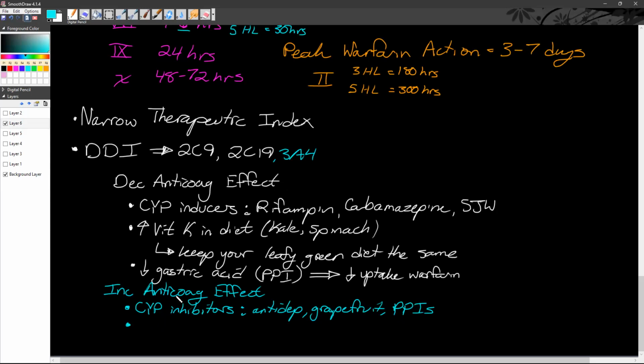The other one that's going to increase the anticoagulant effect is acetaminophen. What acetaminophen does is it interrupts the vitamin K cycle. And so it's like you are having an additional baby warfarin working on the same site of action that warfarin is working on.